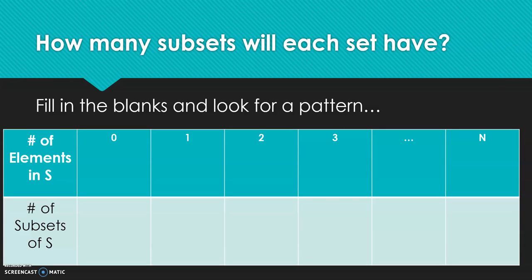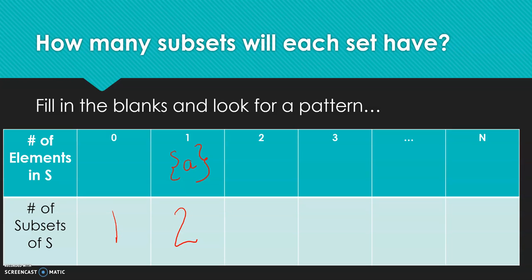How many subsets will each set have? Fill in the blanks and look for a pattern. If there are 0 elements in the set S, there will still be one subset, the empty set. If there is one element, that element is A, it will have the subset with itself, and it will have the empty set: 2 subsets.